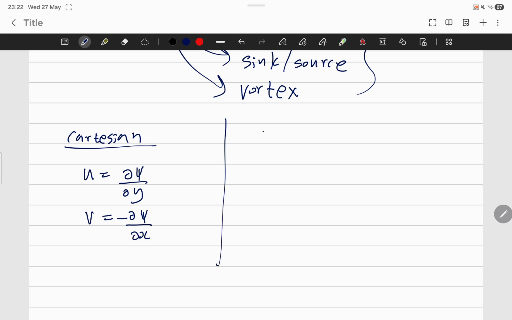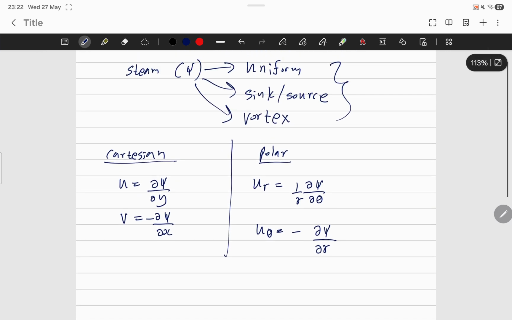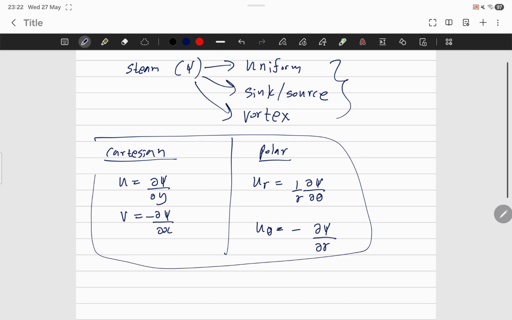Then let's consider polar coordinates, right? So for the polar, u r is partial psi over partial theta with 1 over r, right? So this is u theta is minus partial psi over partial r. Okay, so these are the general formulas, right?